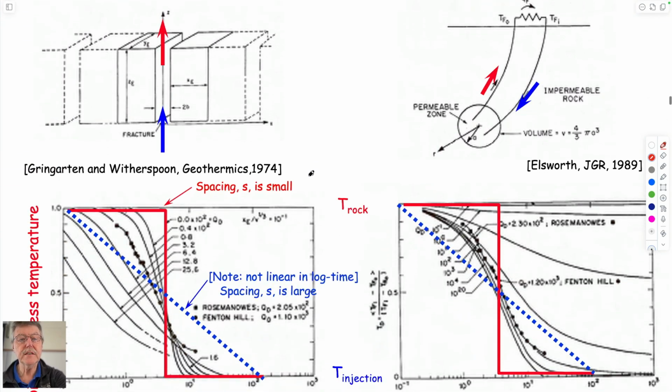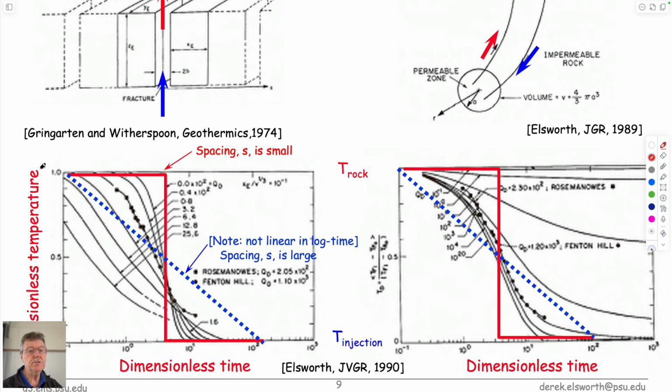Conforming models basically show this as well. If you have a very short spacing between fractures or a very small flow rate, then the depletion, this is given in temperature. So this is reservoir temperature, and this is the influent water temperature, non-dimensionalized.